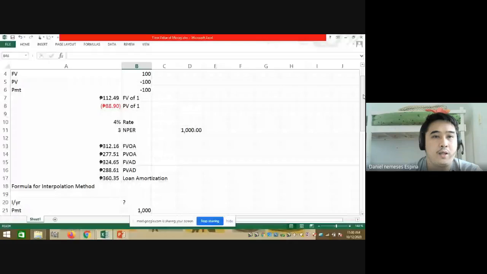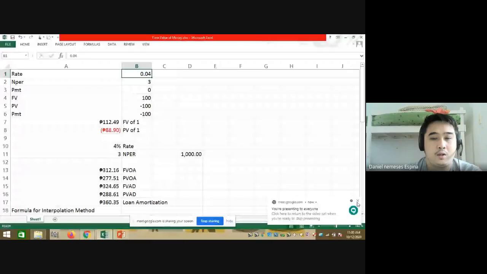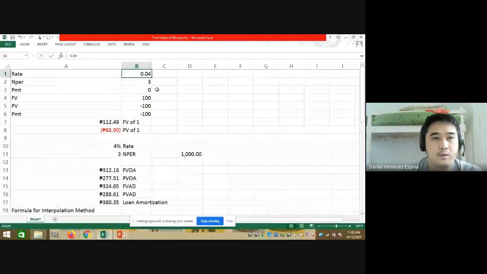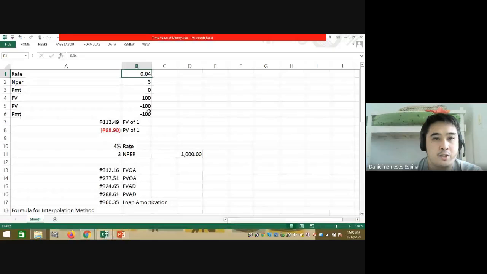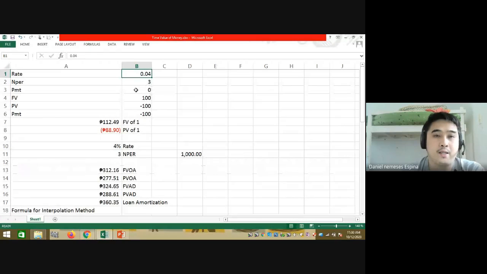So the rate, that's the rate. So 4% or 0.04. So let's assume this is compounding annually or discounting annually. There are 3 years, so the N per is 3.